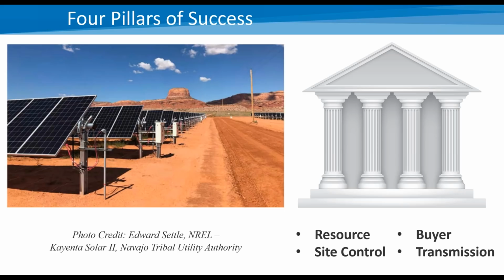In this case, we're talking about electricity. And then 4th, you've got to have a way to get your product to the market, to your buyer. And that's where interconnection transmission comes in. So those are the 4 pillars that I see to successful project development.